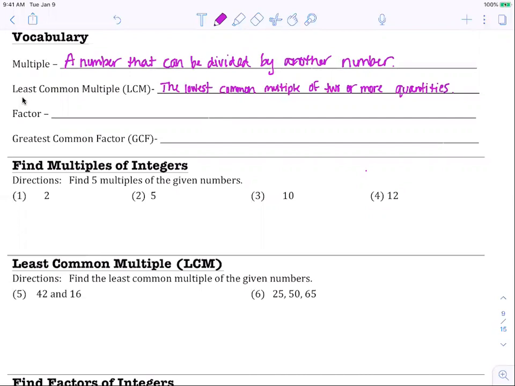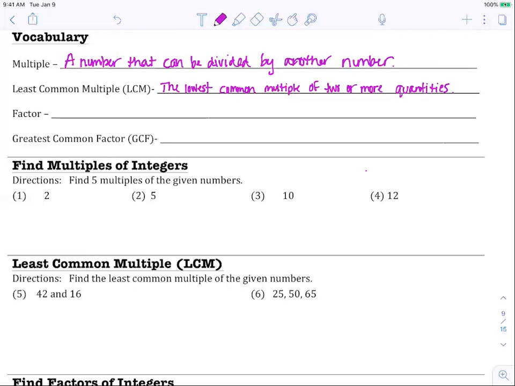So for example, if we're talking about the least common multiple of 2 and 5, we'd have to pick a number that both of those numbers can divide into. The least common multiple between 2 and 5 would be 10, because they can't both go into any of the numbers between 2 and 10. They can't go into 6, 7, 8, 9. 10 is the next number that both 2 and 5 can be divided into.